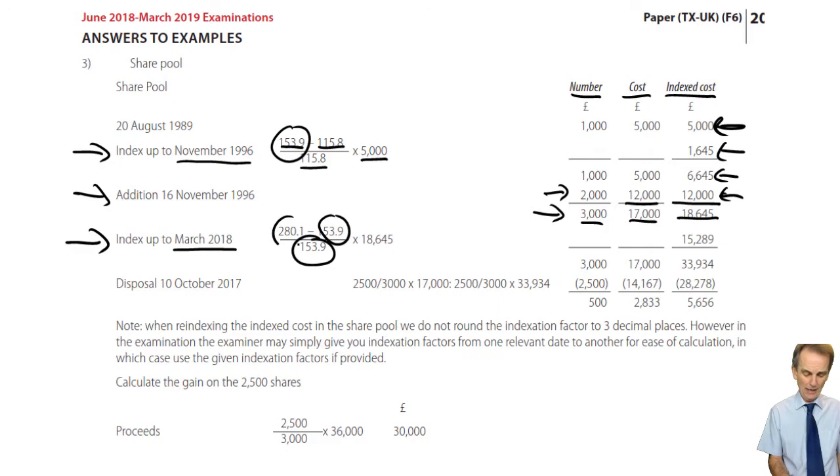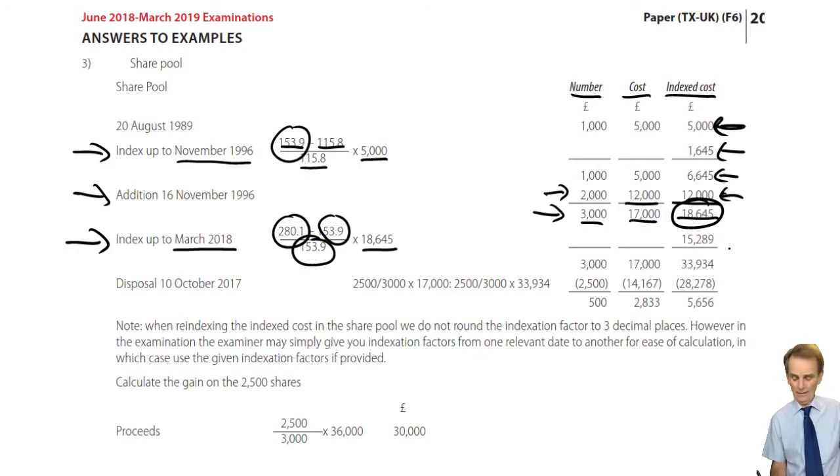What is the RPI now? 280.1 times the index cost figure. There is your index cost figure, 18,645. Again, put the numbers, the RPIs through your calculator, leave that outcome in your calculator, make sure you haven't got a rounding button on there at this point in time, and multiply by 18,645.